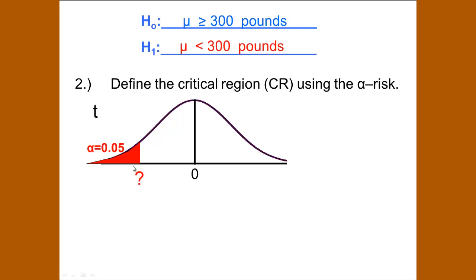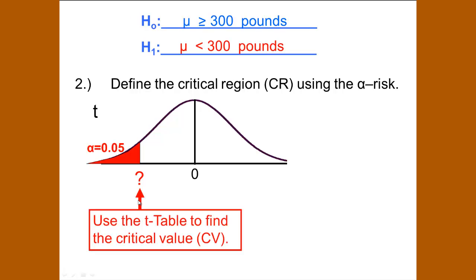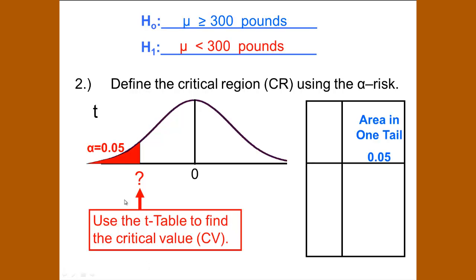We need the critical value that is associated with this tail. And we will use the t-table to find that critical value. Since the area in that one tail is 0.05, we will look at the column that says 0.05, but we know that the row has to do with our degrees of freedom.